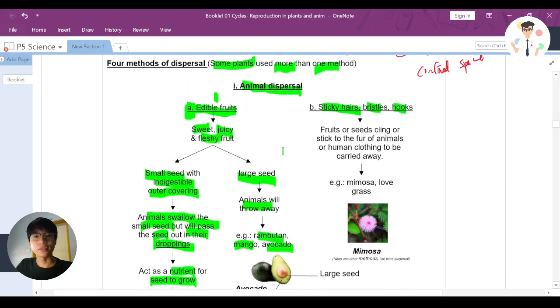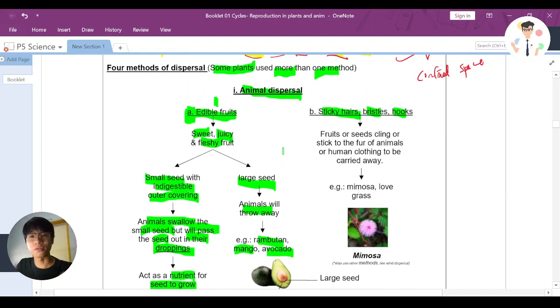The next one is fruits or seeds with sticky hair, bristles, or hooks. This type of fruit or seed will cling or stick to the fur of animals or human clothing to be carried away. Maybe an animal passes by, the seed hooks on it, and is transferred to a different place.